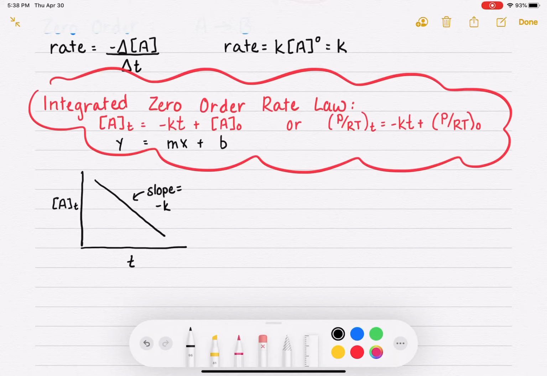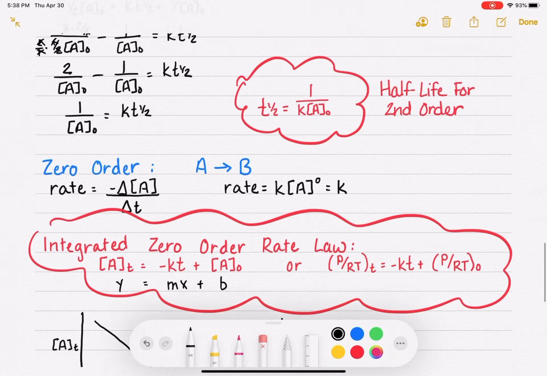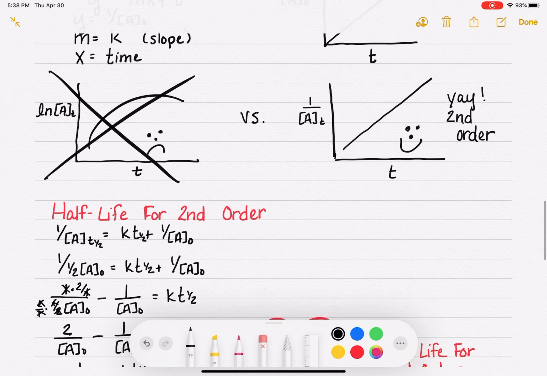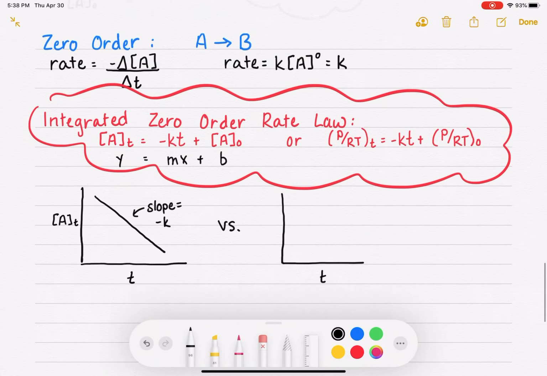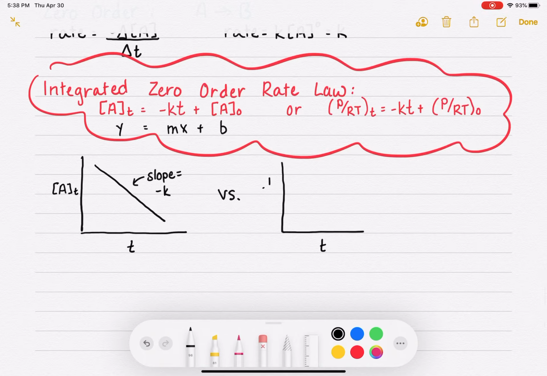So again, graphing the data is one of the ways of identifying whether a reaction is first order, second order, or zero order, because they all graph a little bit different. If we look up at the second order reaction, that is a positive slope when we graph 1 over A at time t.